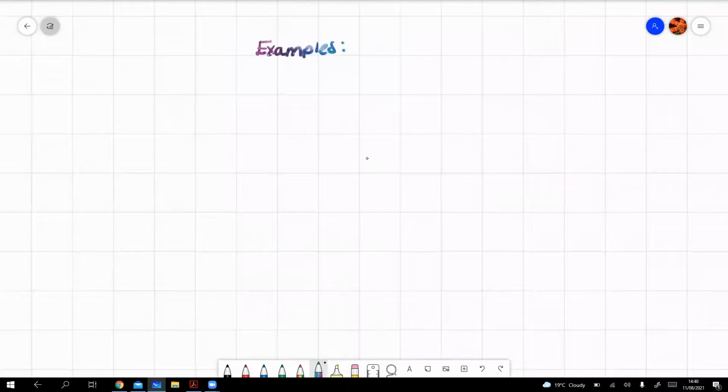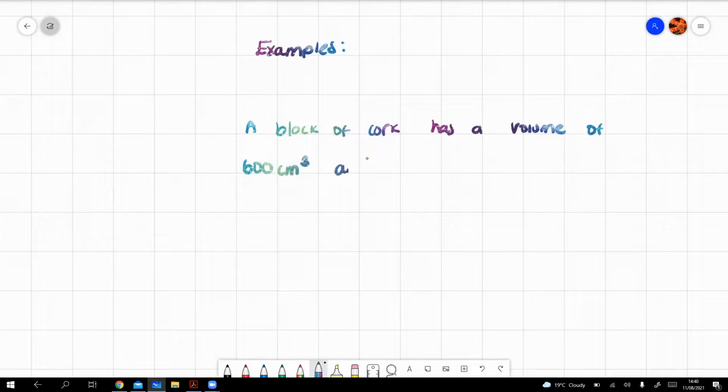Okay. So we've got a block of cork. A block of cork has a volume, and I will draw this out so you can see as well, of 600 centimeters cubed and a mass of 204 grams, and we are working out the density.